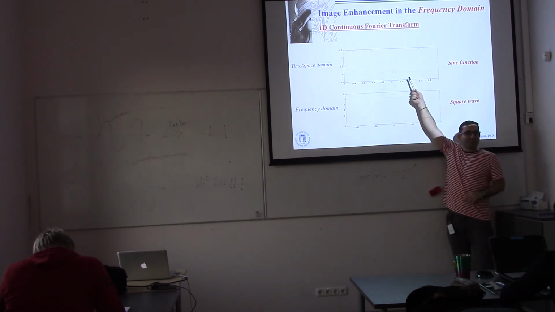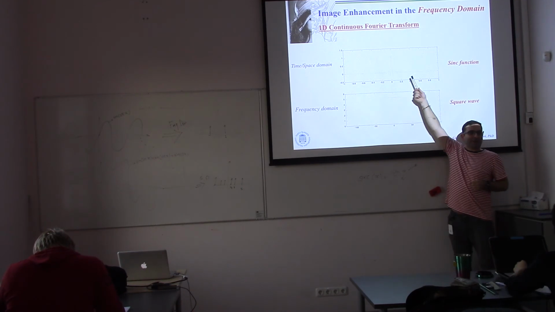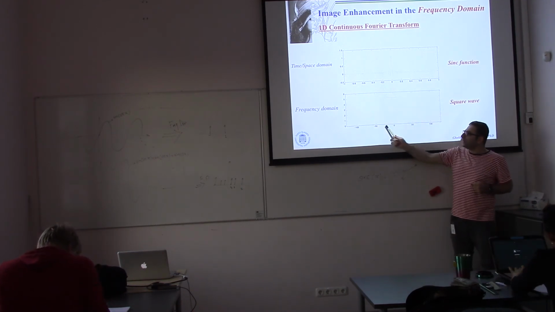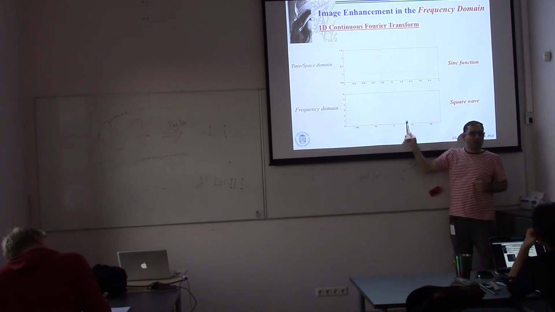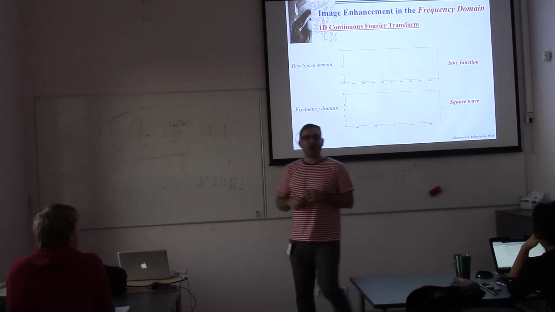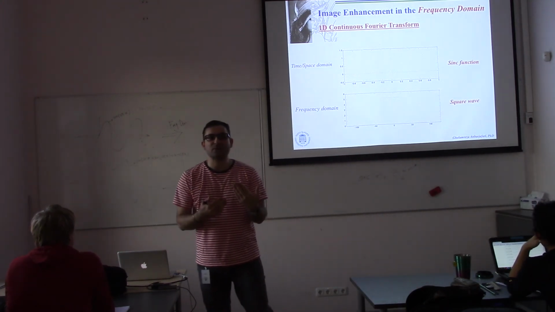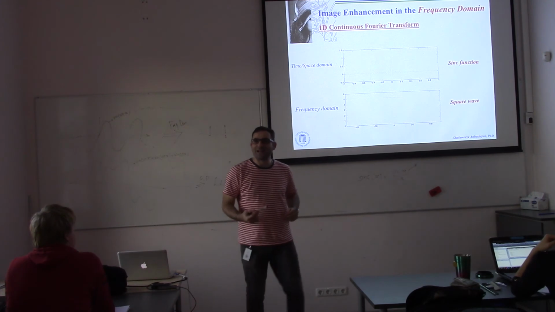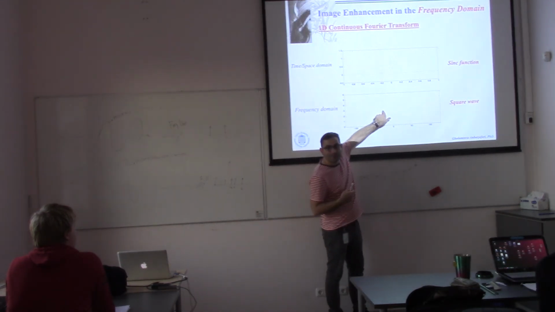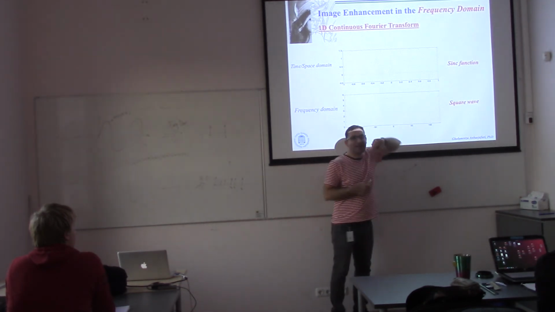Now, if you have a sinc function in the time domain, it means that if you go to the frequency domain, you are getting this box, this square wave. And because in the Fourier transform we have something called duality, in the time domain, if I give this one, I will get the sinc as an output.